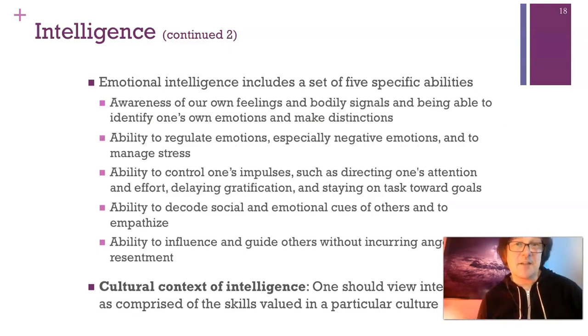So what exactly is emotional intelligence? Well, according to Goleman, emotional intelligence includes a set of 5 specific abilities. The first is having an awareness of one's own feelings and bodily signals, and being able to identify one's own emotions and to make distinctions between different emotions.